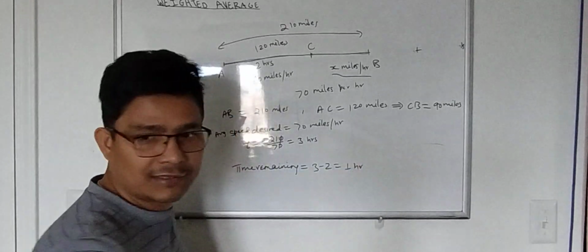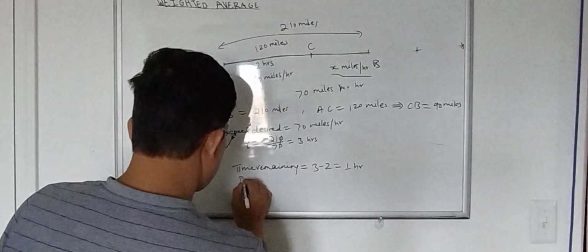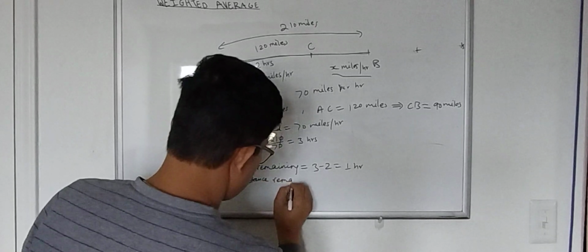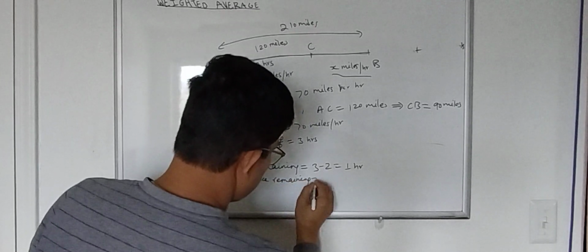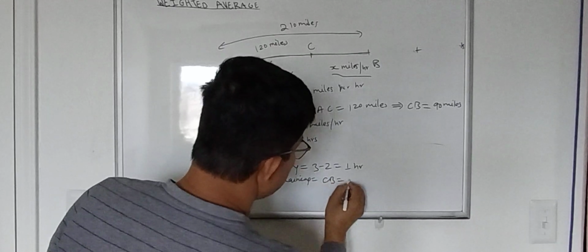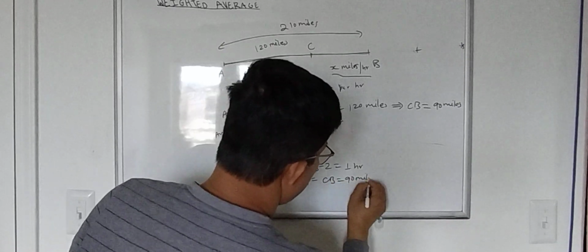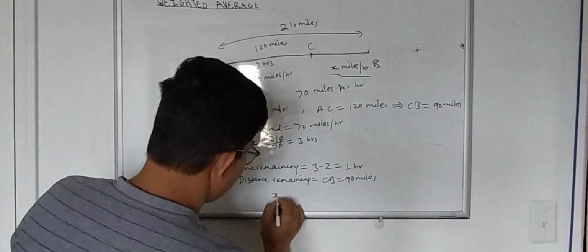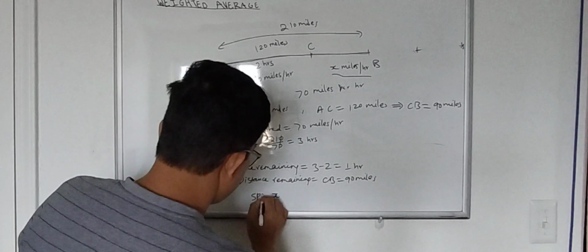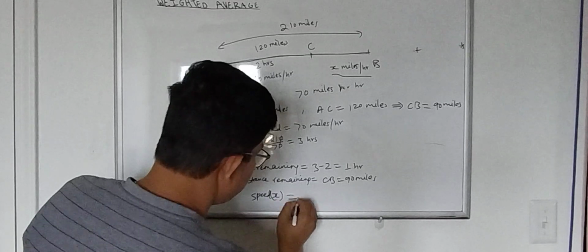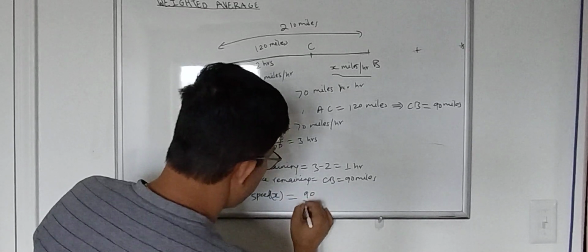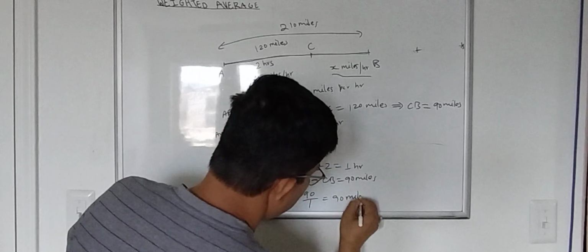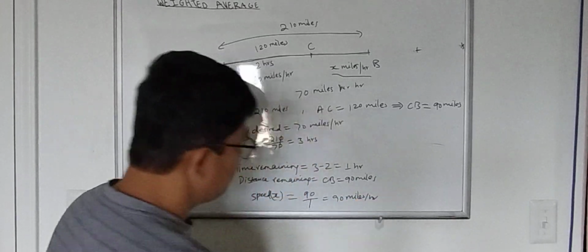Distance remaining is 90 miles, equal to CB. So now can you tell me the speed? X, which is our speed: distance is given, time is given, so simple, distance divided by time, which is 90 miles per hour.